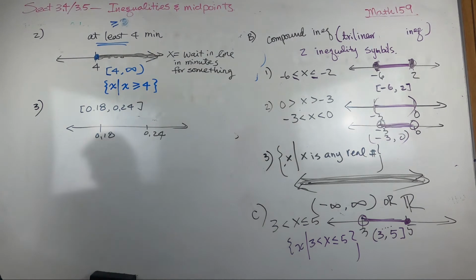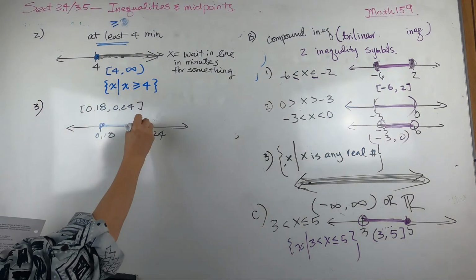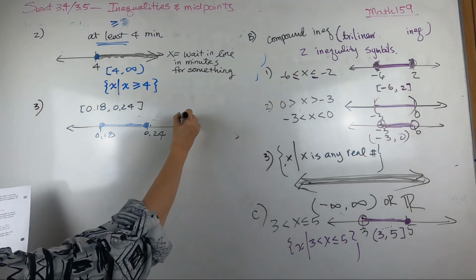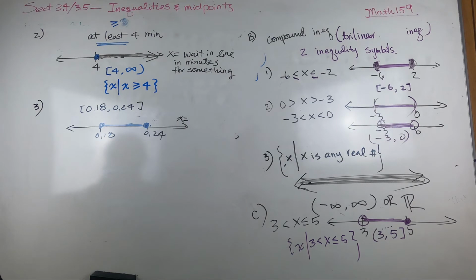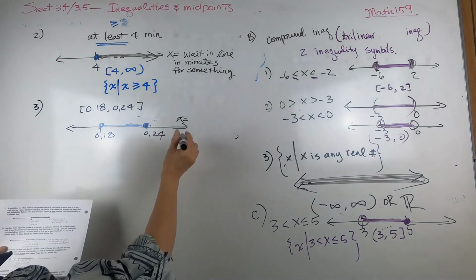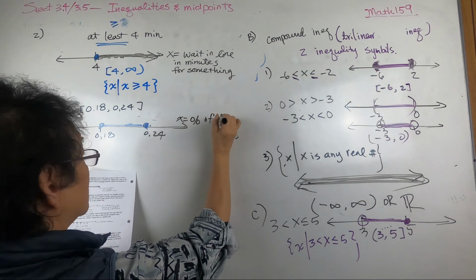Are they included for the endpoint? So it's in between, included because it is a bracket, so included, right? So that's your x. What are we talking about for x? You have to know what you are working on, right? So the things 0.18, 0.24 mean what? Percentage of Americans.